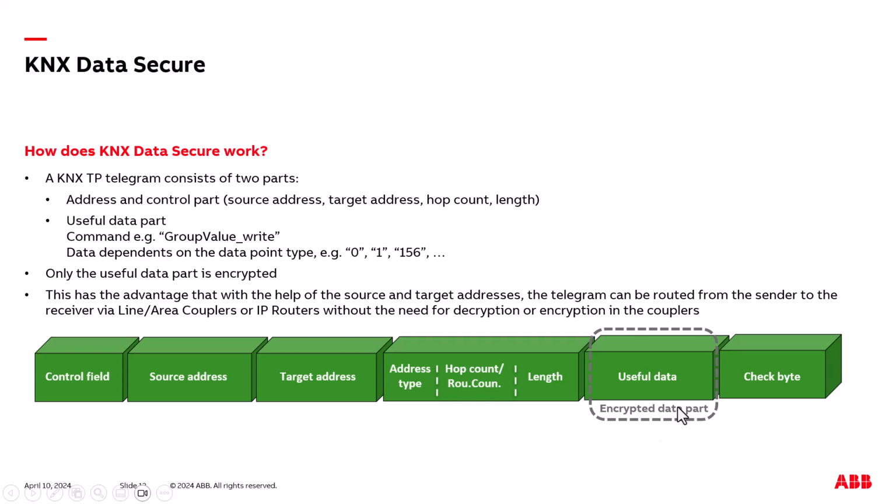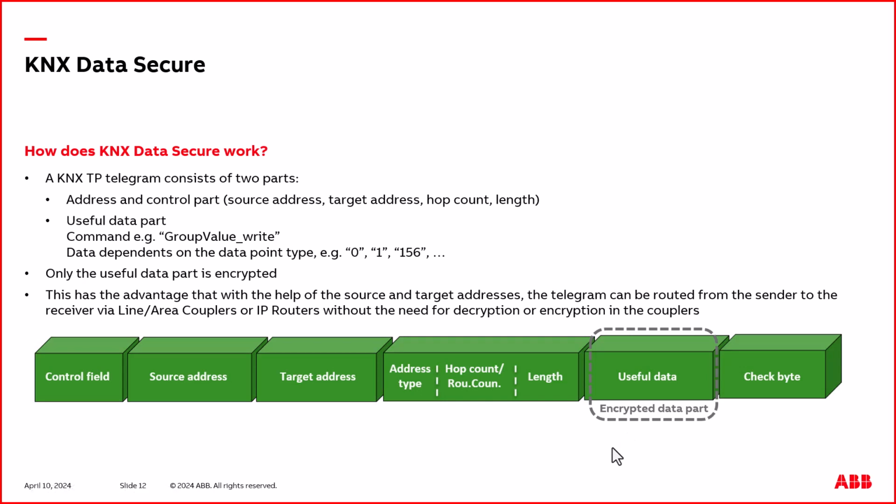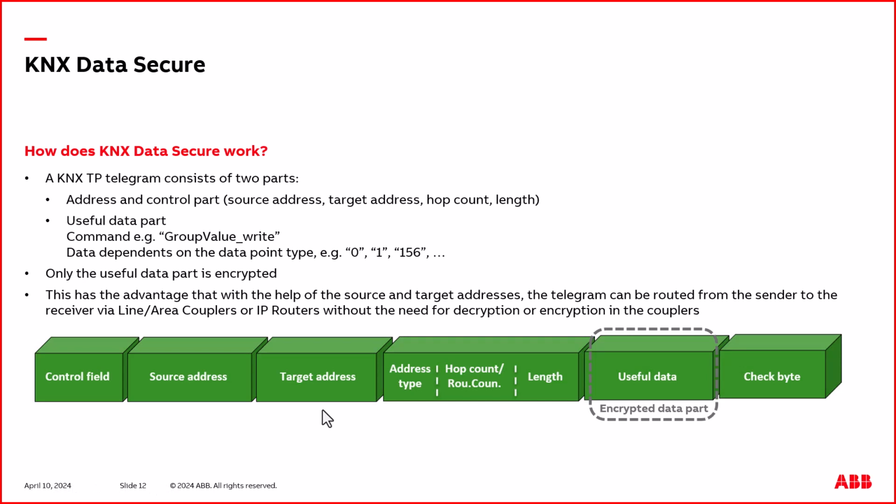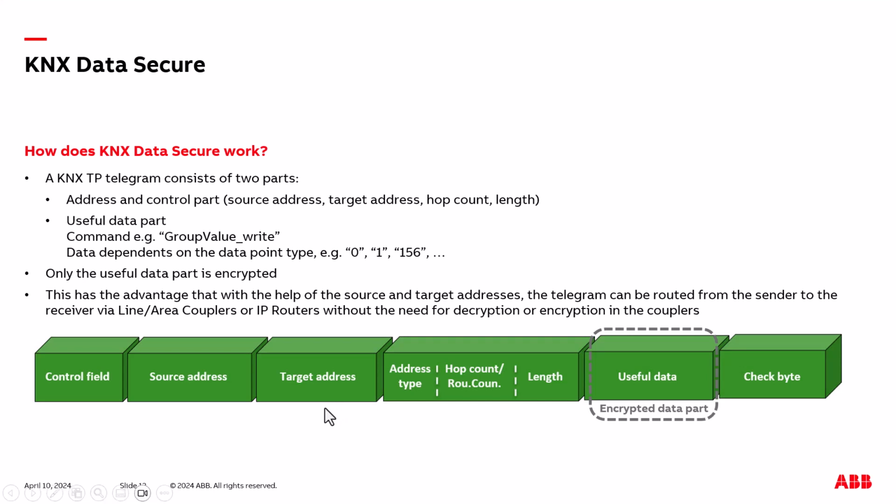This has the advantage, if this telegram comes to an IP router or to a line coupler, area coupler, that the coupler does not have to decrypt the complete telegram, because the target address is plain, and then depending on the filter table, it can forward it to the other side, yes or no. So this is really the big advantage, that we do not have encryption of the complete telegram. So also the source address is plain. Later you will see it in the recording.